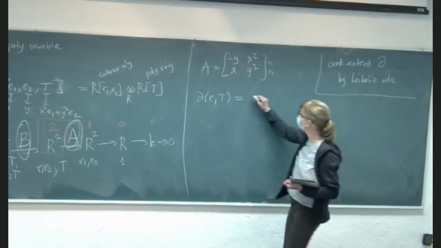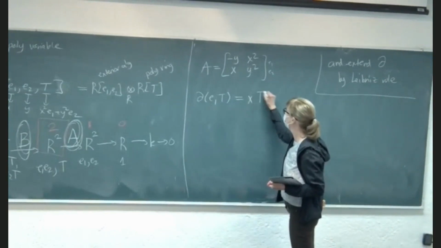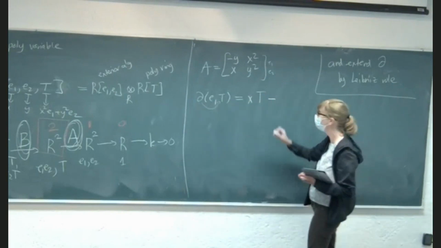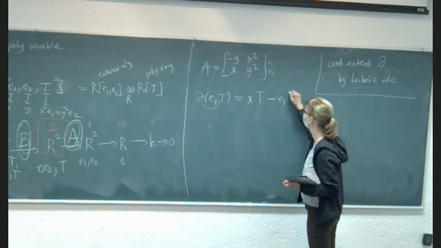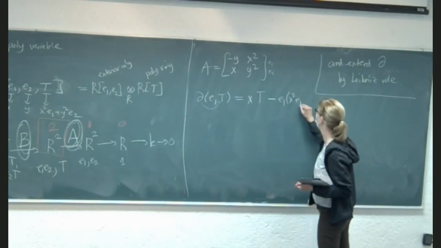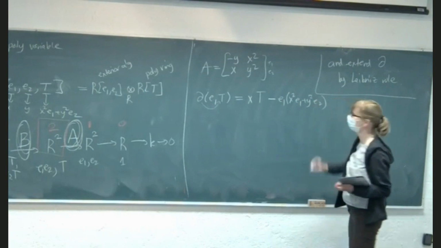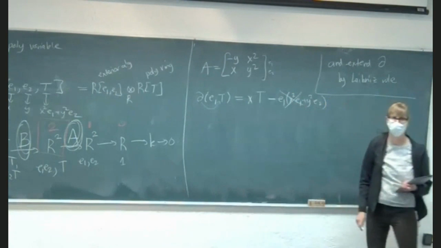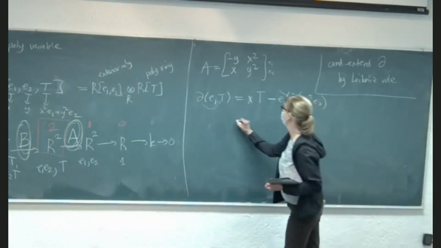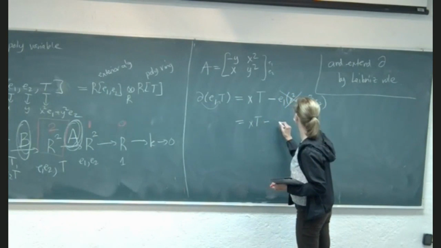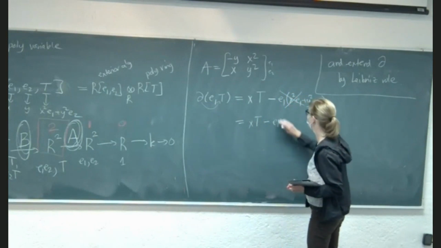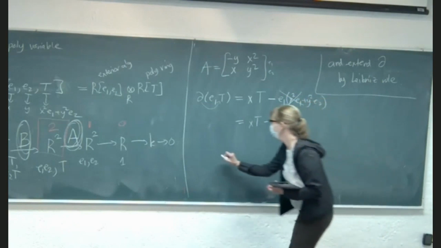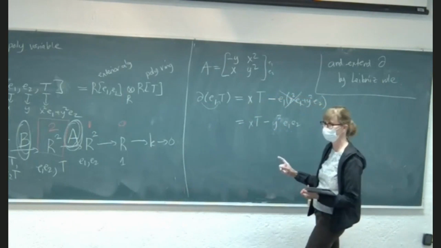So this is X T, because of the boundary of X, and then minus, because it moved across the degree 1, which is odd, E1 times X squared E1 plus Y squared E2. Yes, E1 times E1 is going to be 0. Right, so I just get XT minus Y squared E1, E2. Oh, there's a Y squared, thank you. And then the other one we can just guess.